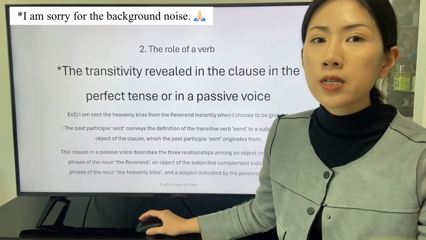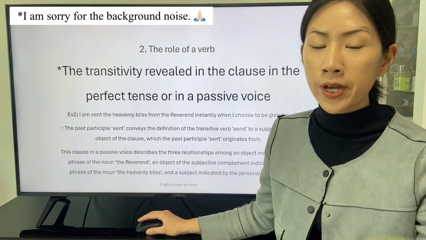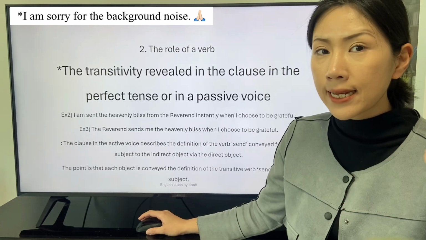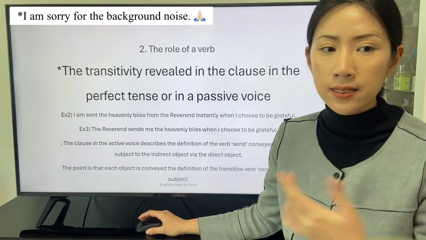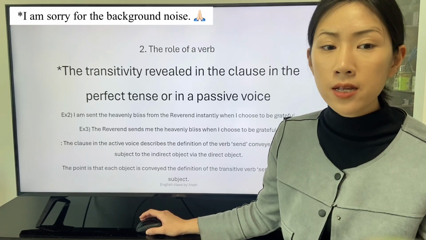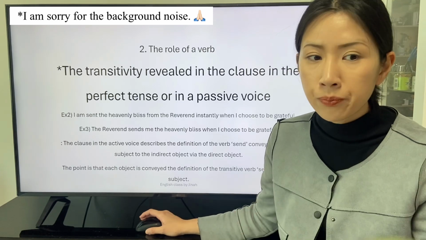This clause in the passive voice is stated in the active voice like this. The Reverend sends me the heavenly bliss when I choose to be grateful.